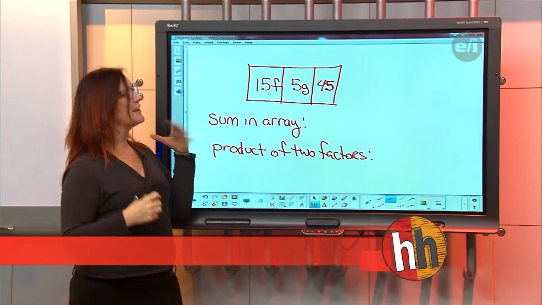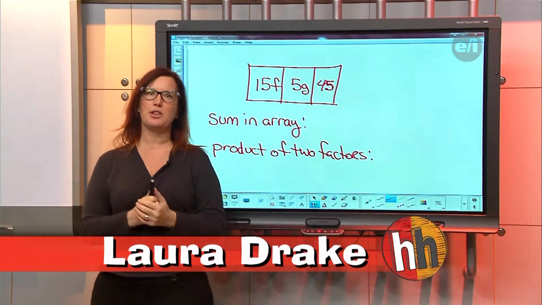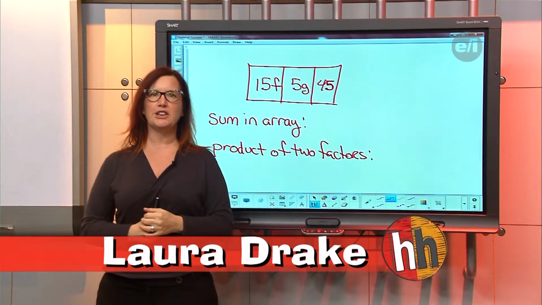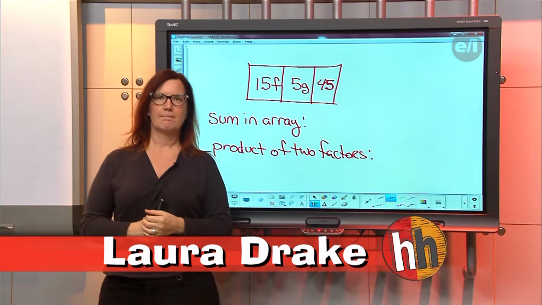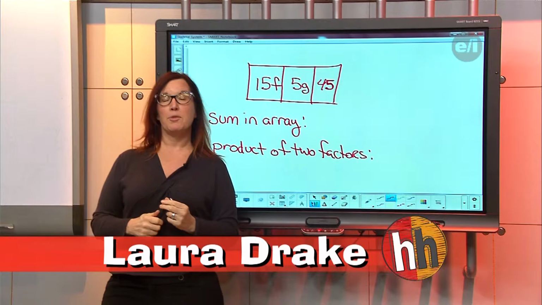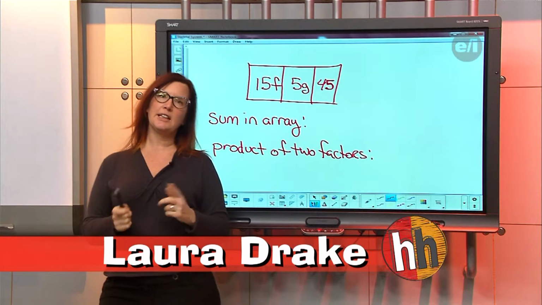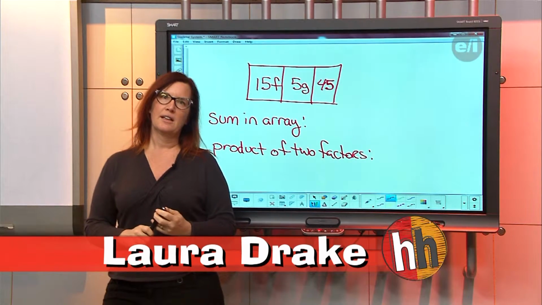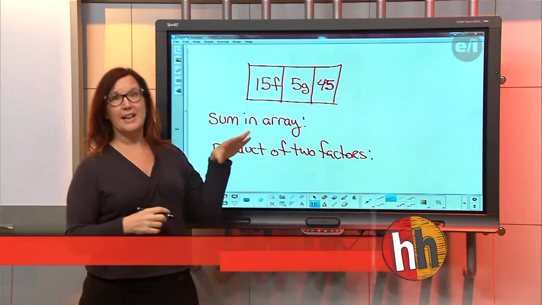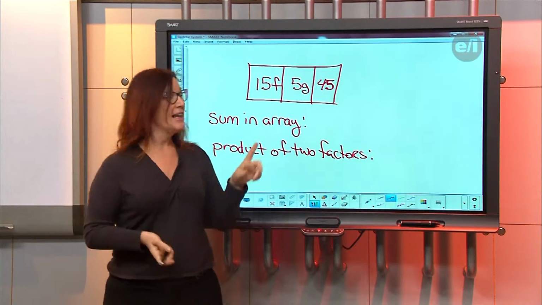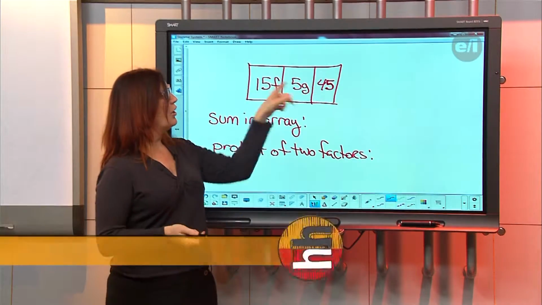Okay. So we're taking a look at this problem, and we've got this array. And so when they say what is the sum of the array, what does the sum mean to me when you're doing a sum? What operation are you working on? The word sum. Is it adding, subtracting, multiplying, or dividing? Adding. Right, so when we find the sum, we're adding. So when they want to know what the sum of the array is, that's the easy one, okay? They just want to know what is the whole piece in the middle.